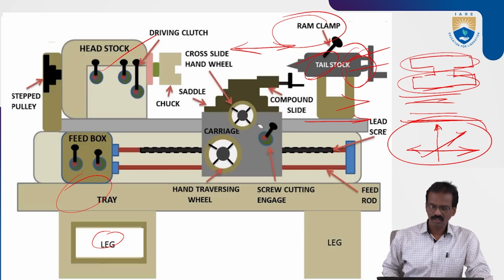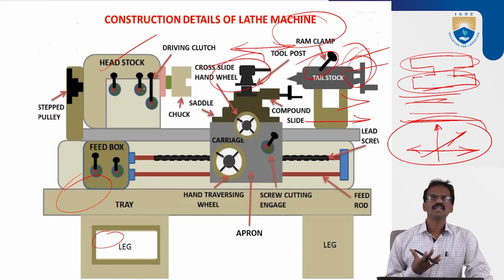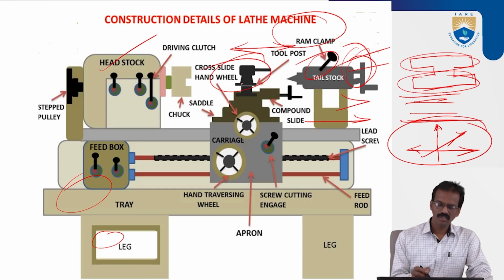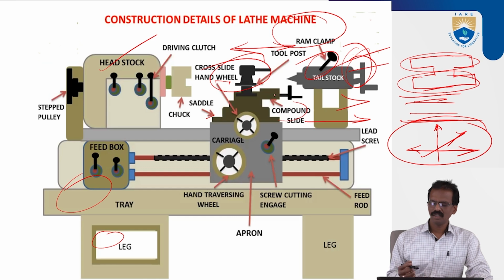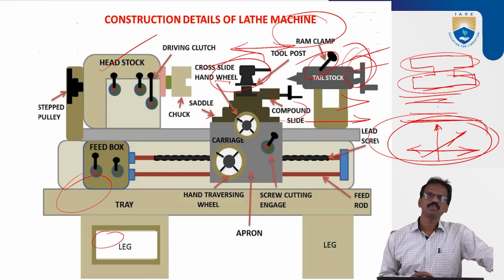On the compound rest we'll see the tool post. The main advantage of the tool post is to hold the tool bit, the single point cutting tool. We can fix the single point cutting tool here. So by the help of the saddle, the cross slide and the compound rest, we'll get three types of movements of the tool bit. With the help of the carriage and saddle we get the longitudinal, horizontal movement. By the help of the cross slide we get the vertical movement.